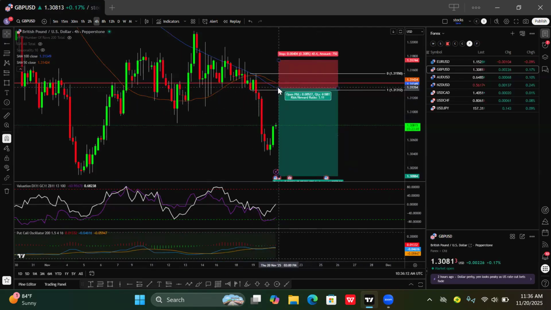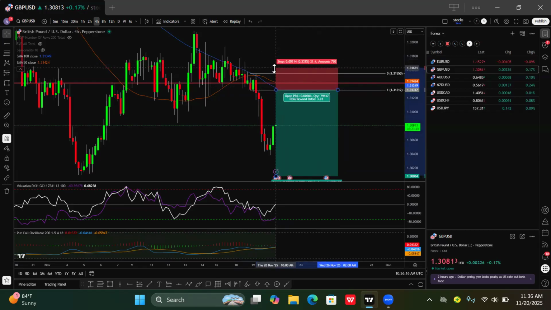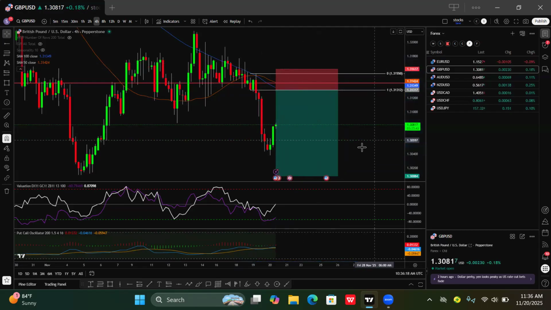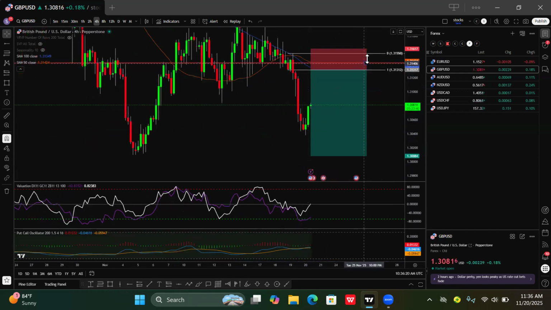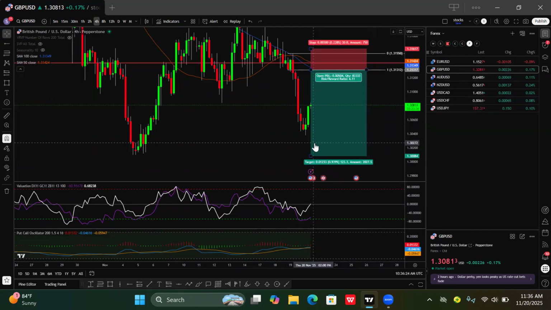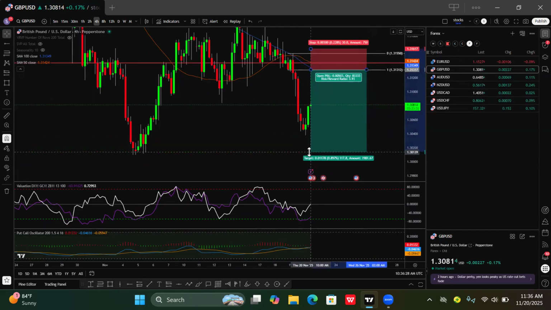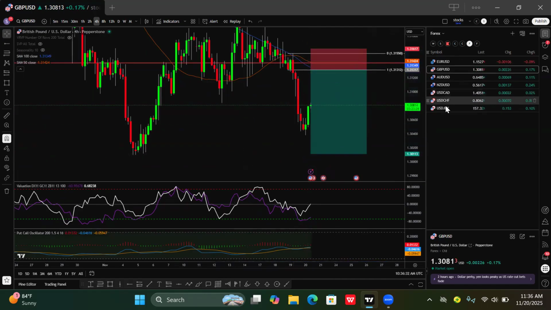Still willing to be a seller if it pulls back to that 4-hour supply area. I'm not willing to sell the euro against the dollar. No, not me. It's just too risky of a decision to make. But for this, most definitely.